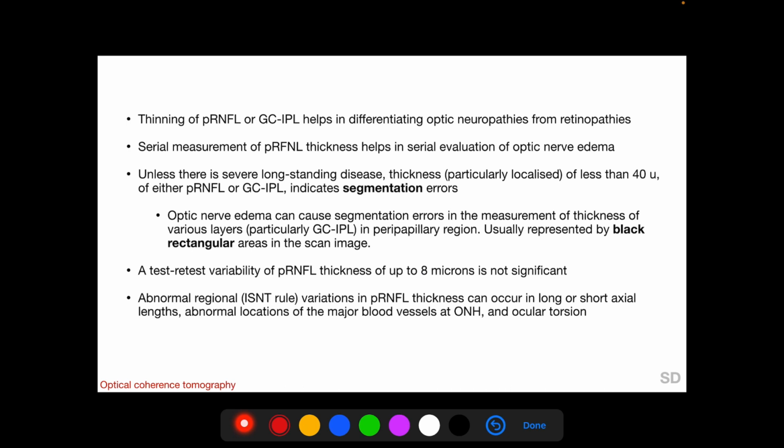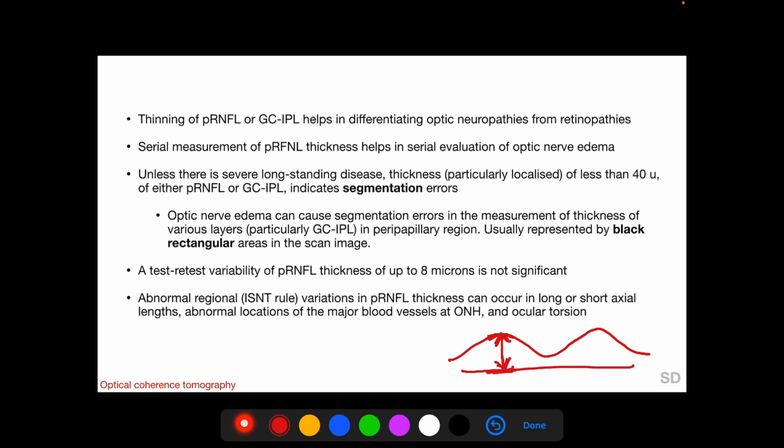Segmentation error is this: if the OCT images the retina here and is asked to find the macular thickness at this region, it has to identify the anterior extent of the retina and the posterior extent of the retina, and only then can it measure the thickness.